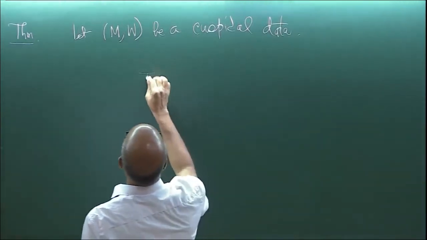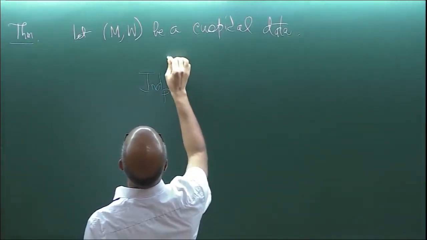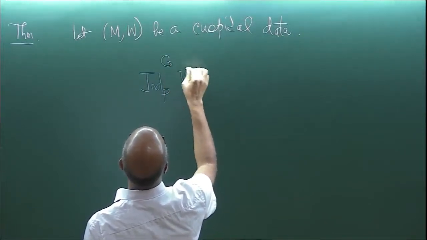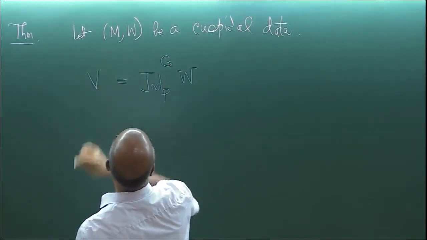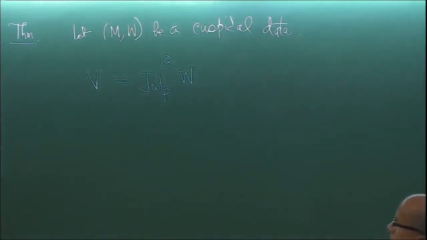And then one is looking at induction from P to G of this W. And you know, I have said that something is a submodule of something else. Whether that's a useful information or useless information. Any representation is a submodule of some other module. It doesn't help to understand the representation so much. Any representation, for instance, is a submodule of the regular module, but it says almost nothing about the representation.